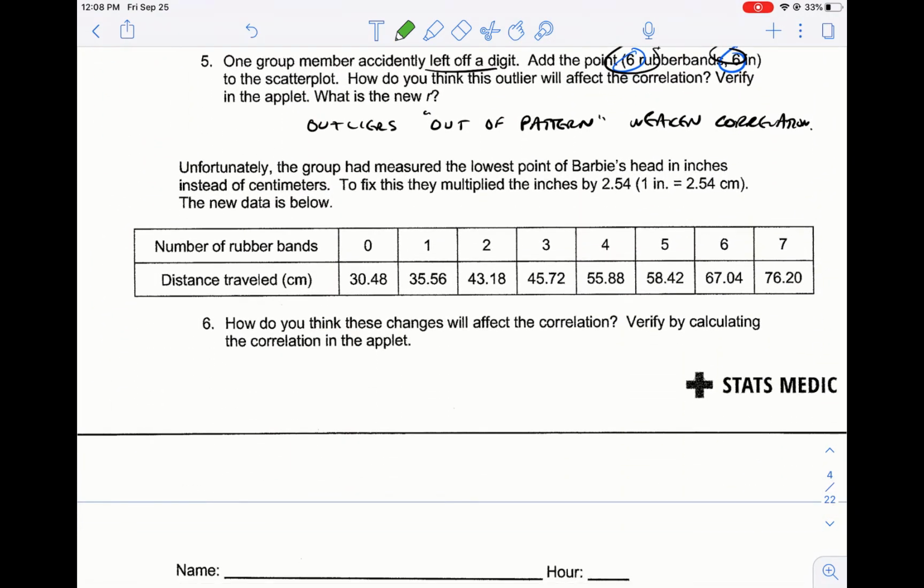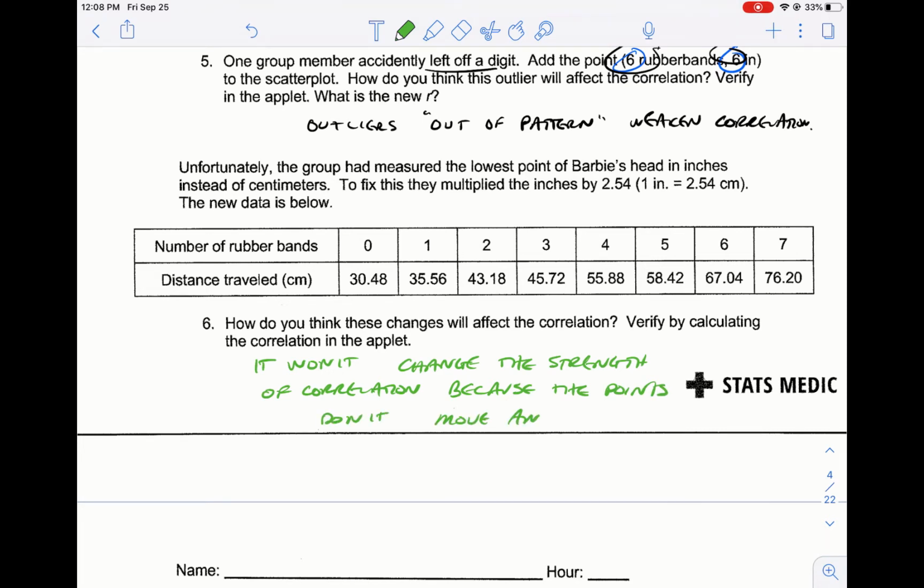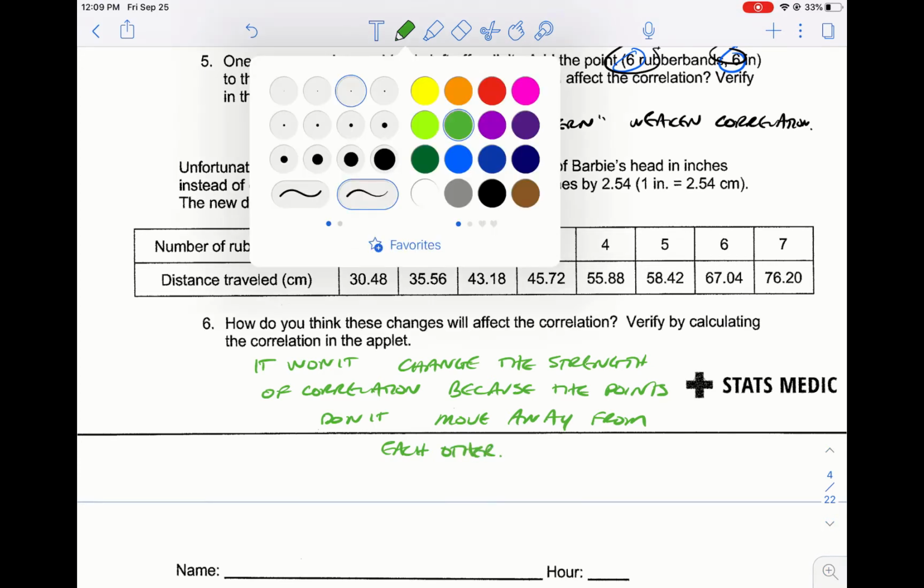And the answer I hope that you come up with is no. So it won't change the strength of correlation because the points don't move away from each other. They move, but not away from each other.